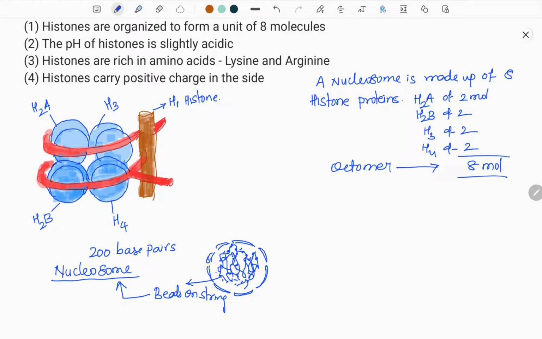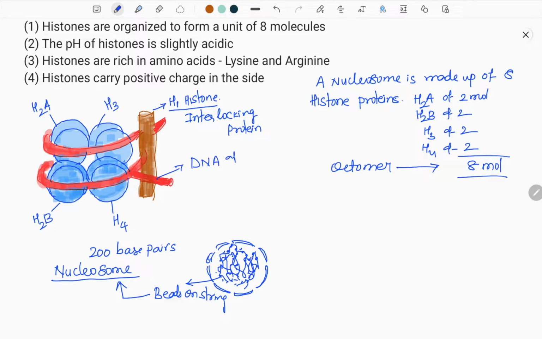Outside that nucleosome, another protein is present, that is H1. So with H1, it is a nanomer. So this is the interlocking protein. Interlocking protein means this protein will help locking and unlocking of the DNA. The red colored thread that I drew in the diagram here is nothing but the DNA.